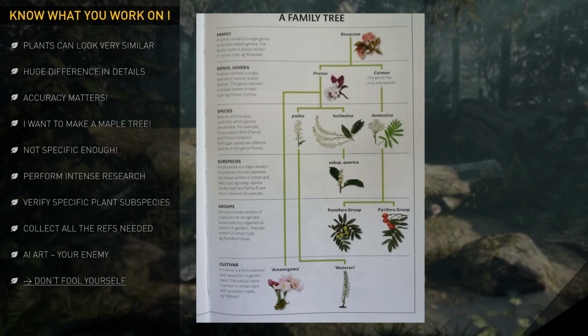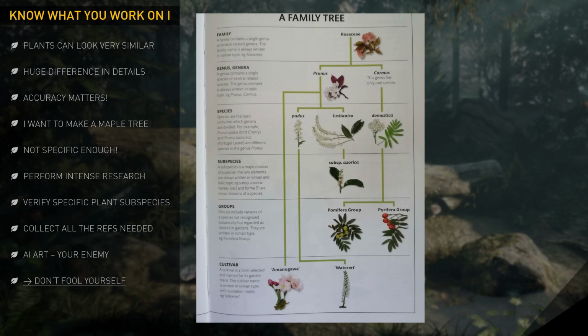You cannot just say, I want to make a maple tree. That is probably not specific enough. You need to perform intense research to verify the specific plant subspecies that you actually want to work on, and collect all the references that are needed to do so.